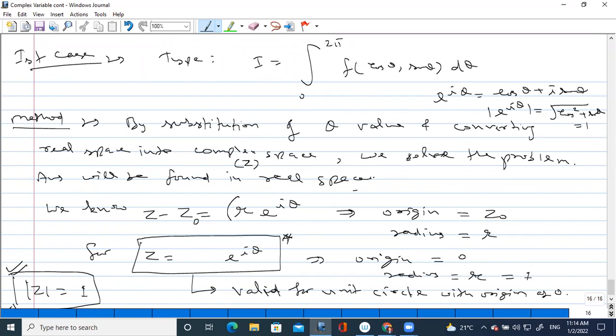And r we have taken already 1. Radius is also 1. Mod z is also 1. Because we are just developing the basics, if sometime it comes, what is the value of mod z, you can directly take 1. So this mod z equal to 1 is from here.